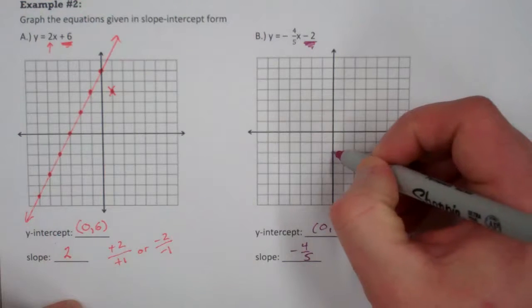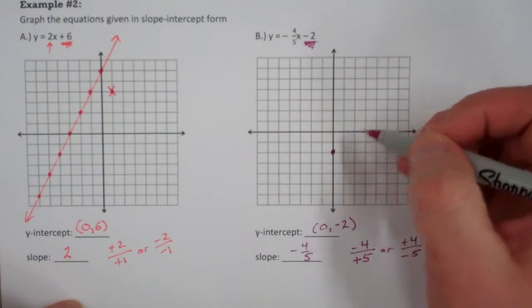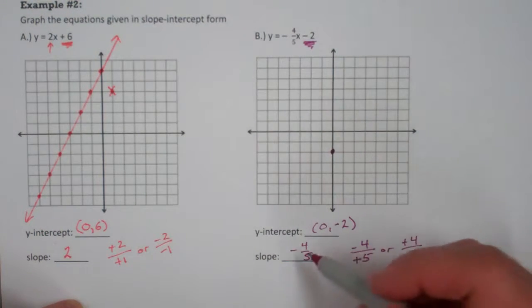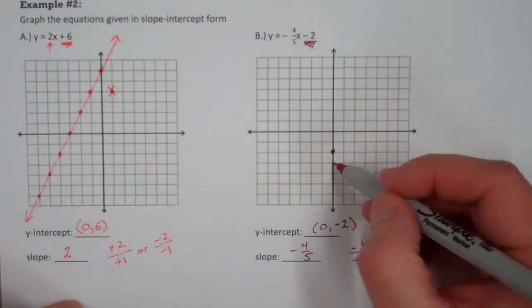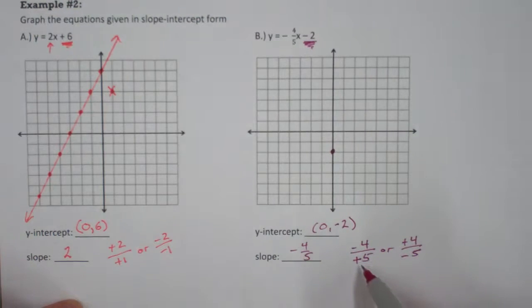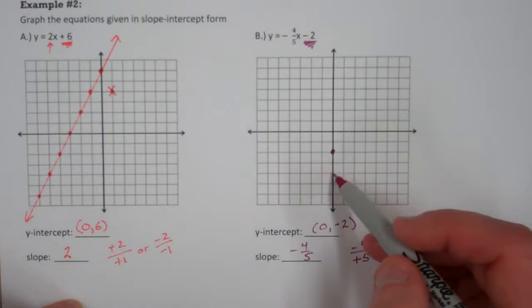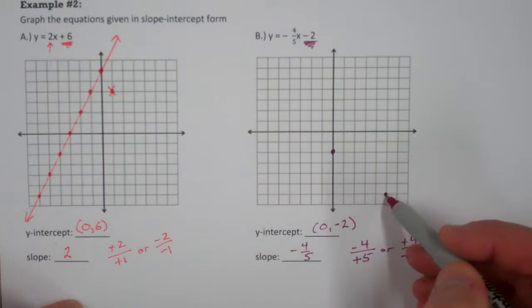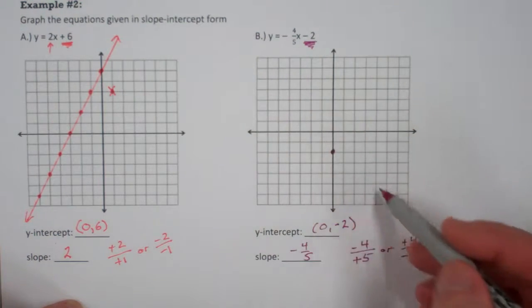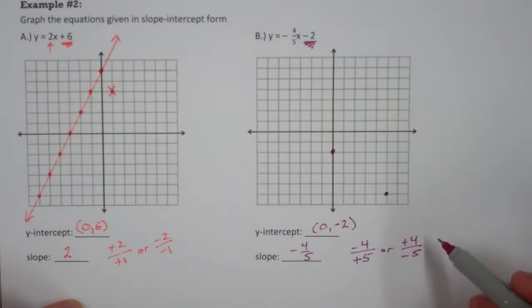Let's plot our y-intercept here, 0, negative 2, and we're going to apply our slope. So our slope here is rise over run. This piece would indicate down 4, and then this piece is right 5. So 1, 2, 3, 4, 1, 2, 3, 4, 5. And I know I've got the right direction because I'm going downhill as I go left to right. Let's use this other form of negative 4/5.